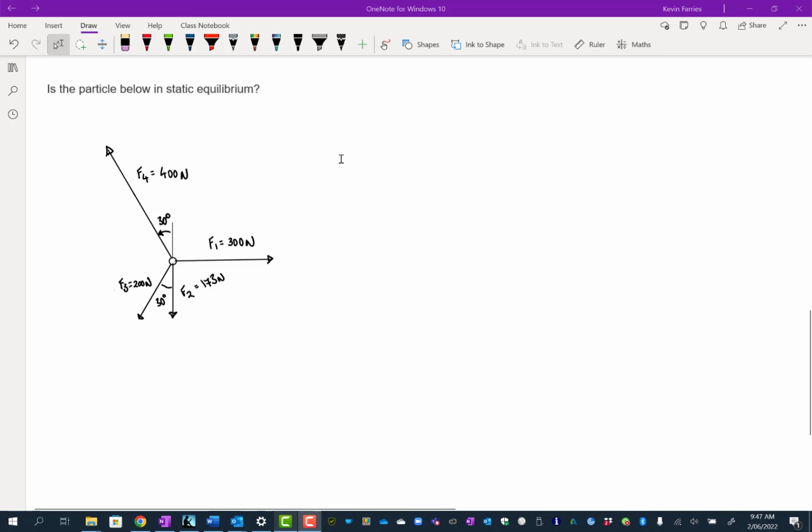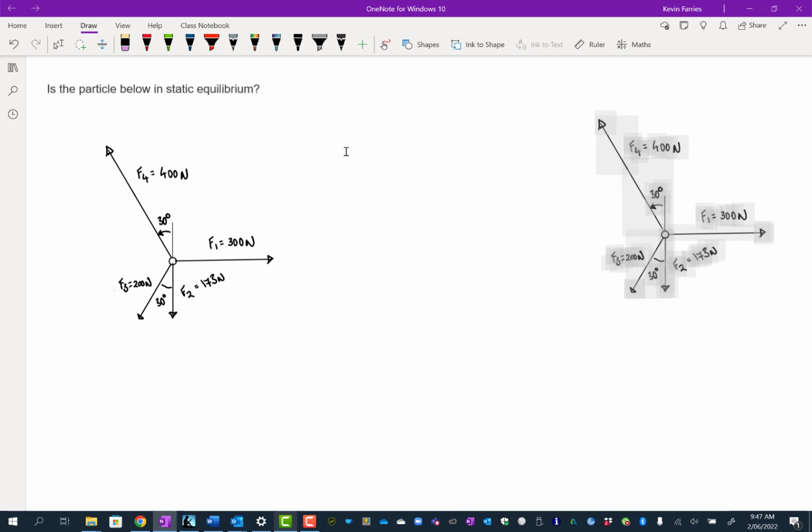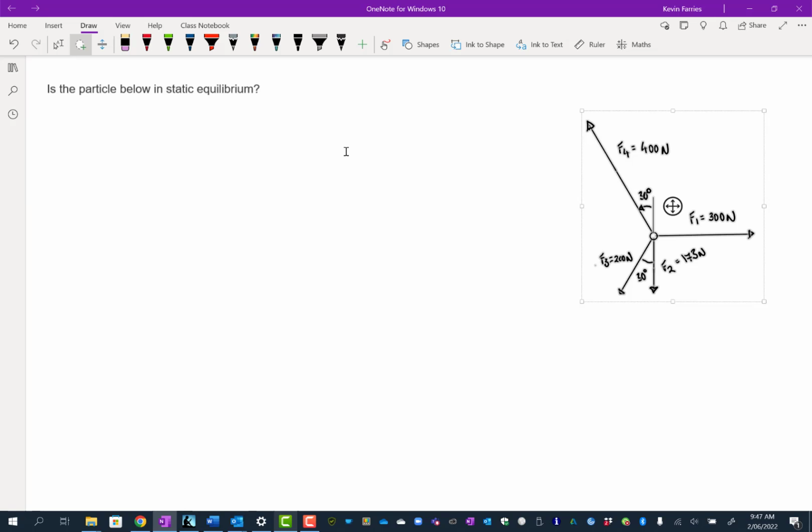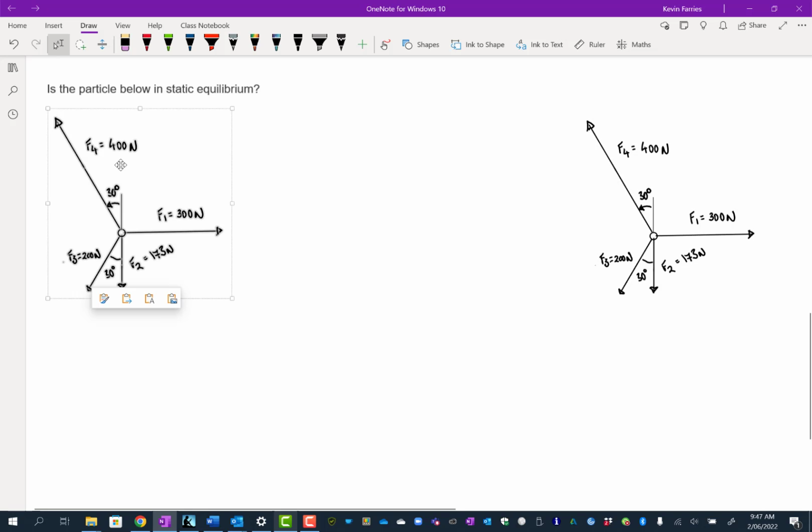Again, I'll just fast forward through the parts that are a little bit time consuming, but we'll start with the graphical method first. So what I might do is I'll just move the original sketch across to the side. And one thing just to be careful of, I'm just going to copy this because I know that I've drawn it to scale already.